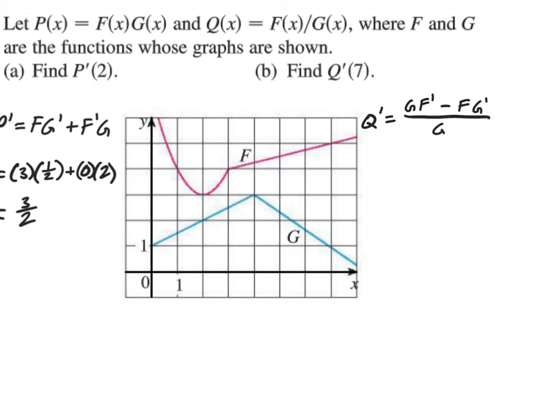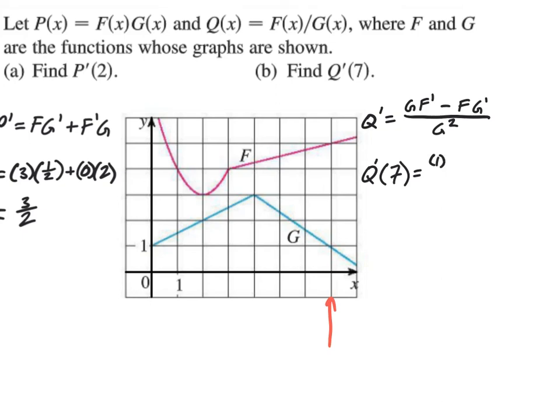So that's going to be all over the G squared. All right, so then for Q prime at 7. So this time we're only looking at the values at 7. 2, 3, 4, 5, 6, 7 is going to be right here. That's going to be the G value there, which looks to be about 1.